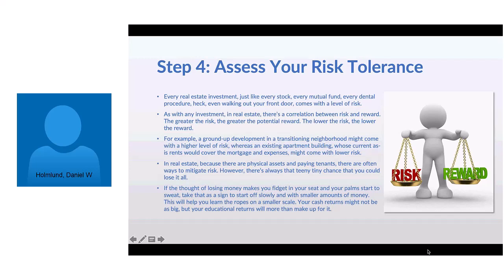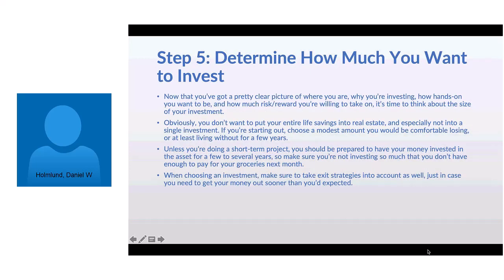That's why I like the ideas here of how to compare a loan, because knowing what your loan rates are obviously is key in knowing what your expenses are. How to understand what your return on investment is key to knowing whether you should purchase a property or not. And then next, determine how much you want to invest.